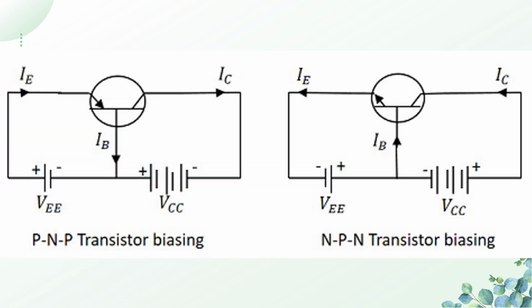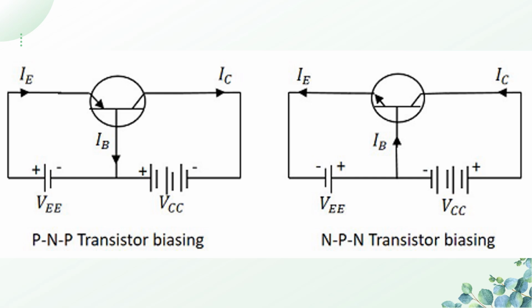So next we will see the biasing methods used in transistors. The first figure represents a PNP transistor. Just consider the arrowhead represents the emitter terminal, the center terminal is the base and the rightmost terminal is the collector. So always in a transistor, for proper operation, the emitter-base junction has to be forward biased and the collector-base junction has to be reverse biased.